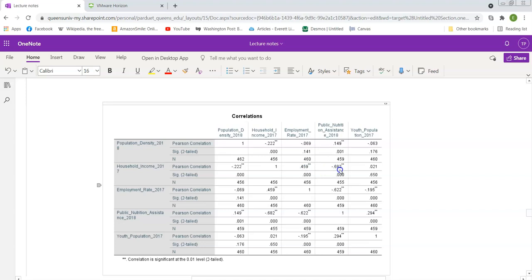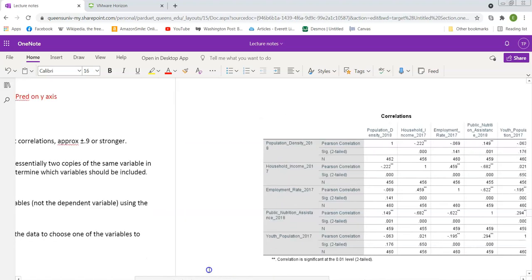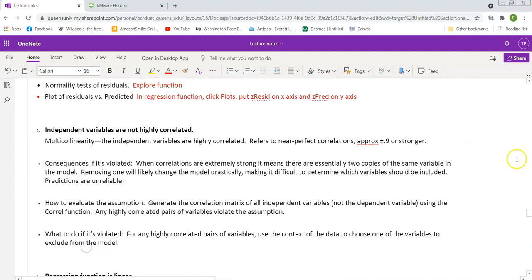In this row, the strongest one is negative 0.68. And of these three, the strongest is negative 0.62. So we don't have any problems there. It actually surprises me, because I would expect that household income and public nutrition assistance would be very, very highly correlated, because public nutrition assistance is based on household income. But according to this data, it's not. All right, so that's our first assumption.